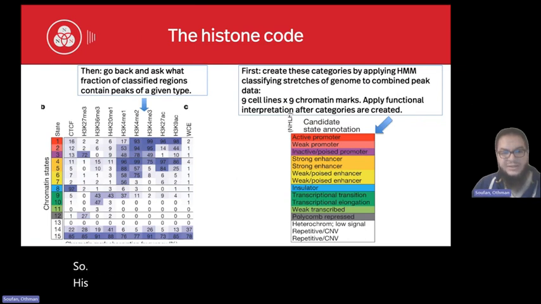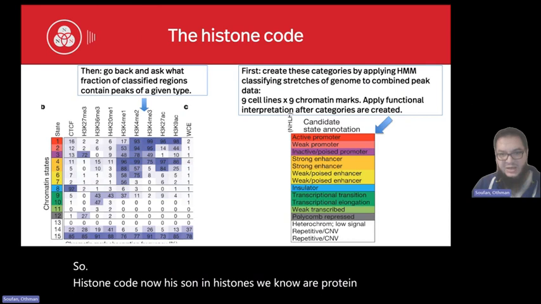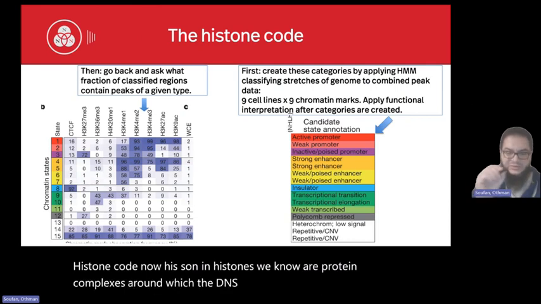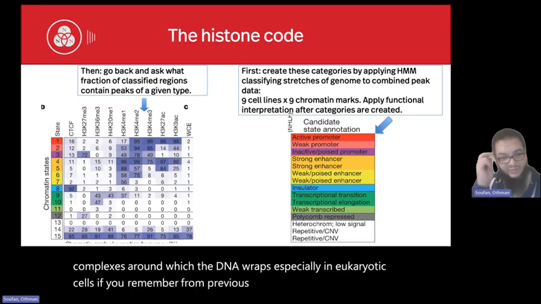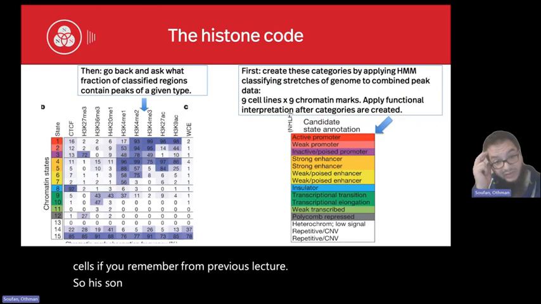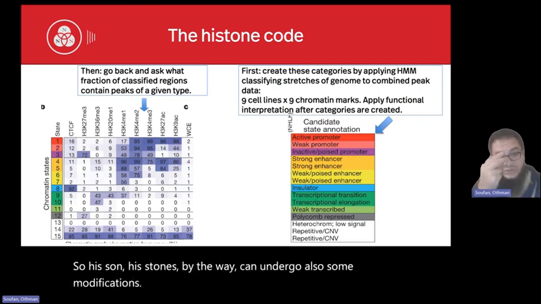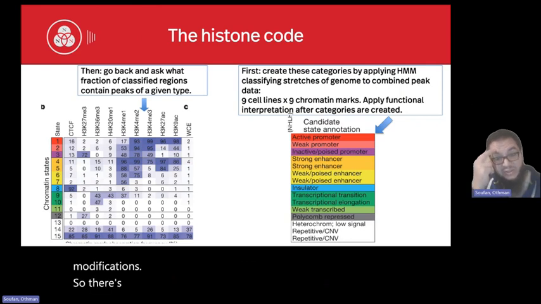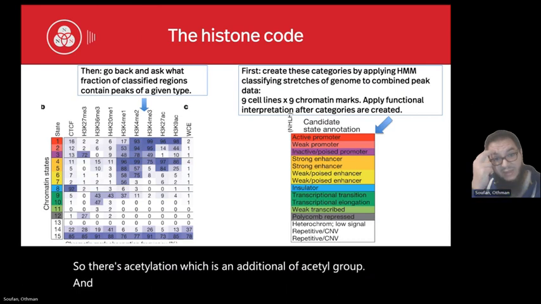Now, the histone code. Histones, we know, are protein complexes around which the DNA wraps, especially in eukaryotic cells, if you remember from the previous lecture. So histones, by the way, can also undergo some modifications. There's acetylation, which is an addition of an acetyl group, and this is usually associated with gene activation.